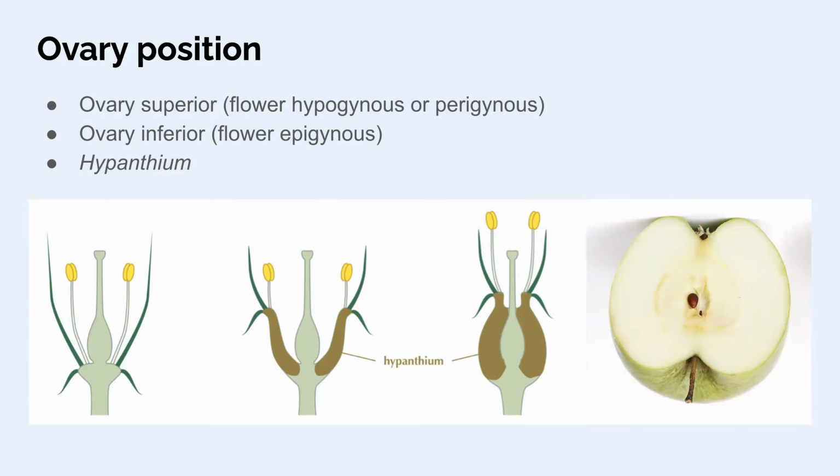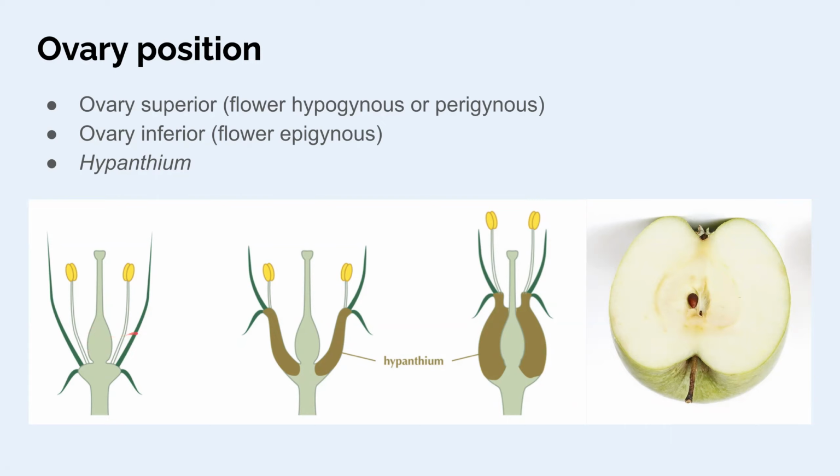As far as the position of the ovary, this can be helpful also for identifying species, and the easiest way to determine this one would be to take a longitudinal section through the flower. So if you cut it in half in this dimension, you would see where the other organs attach relative to the ovary.